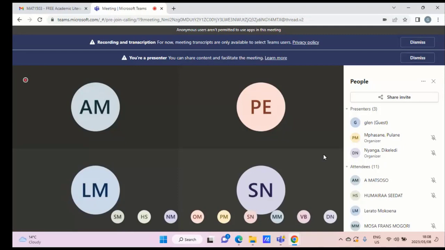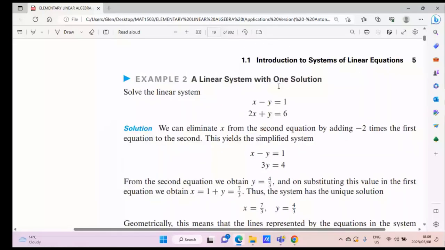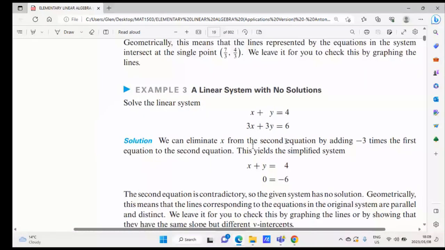I agree. Now, all of us, let's look at our third row. Remember those first three examples that we looked at the beginning of this workshop? Here are the three. One solution, meaning unique solution.